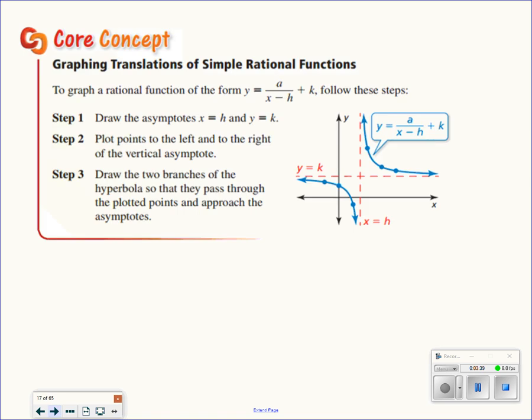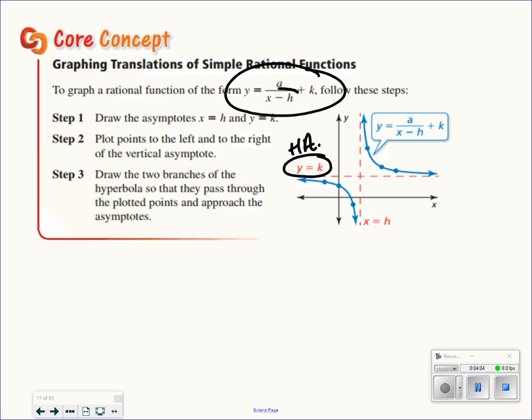This is the big slide of the day. So what we just talked about won't be as important as this slide. Here's what I will tell you. If you have this type of rational function, in which you have a fraction plus a k, whatever is being added or subtracted at the end, that is your horizontal asymptote.